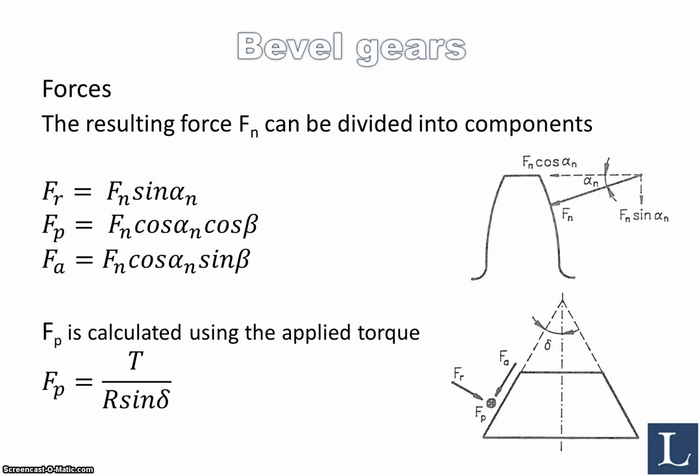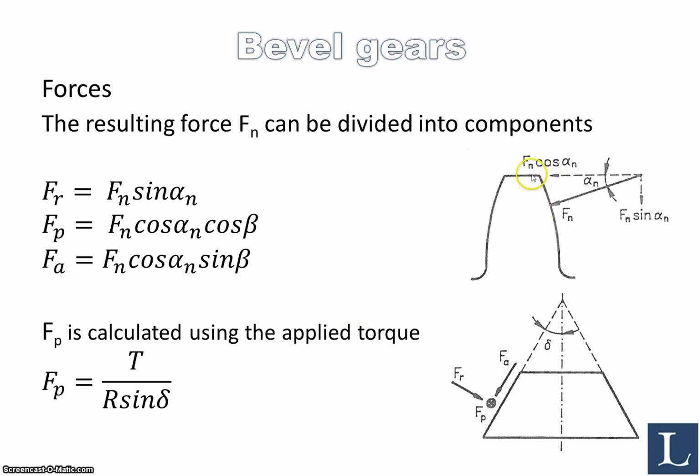The resulting force, Fn, can be divided into components as shown here, where we have Fr, which is the radial force, Fp, which is the peripheral force, and Fa, which is the axial force.